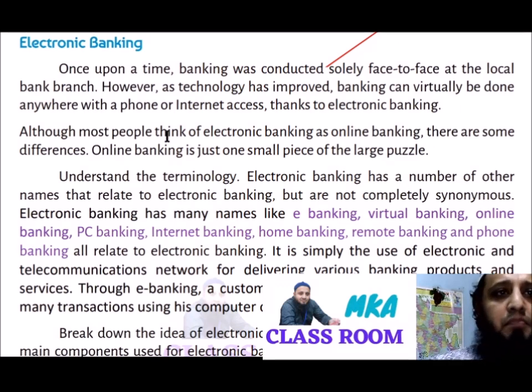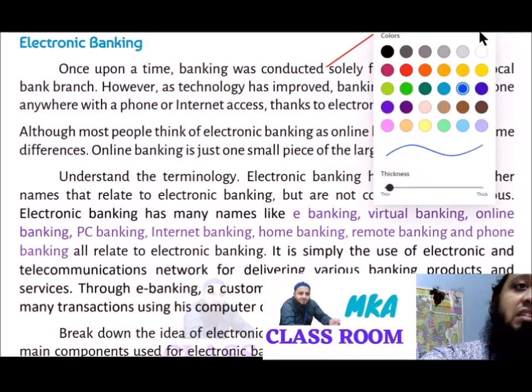So electronic banking has other names or synonyms: e-banking, virtual banking, online banking, PC banking, internet banking, home banking, remote banking, and phone banking. All are related to electronic banking. Sometimes we call online banking or internet banking electronic banking, but actually online banking is simply a small part of a large puzzle.